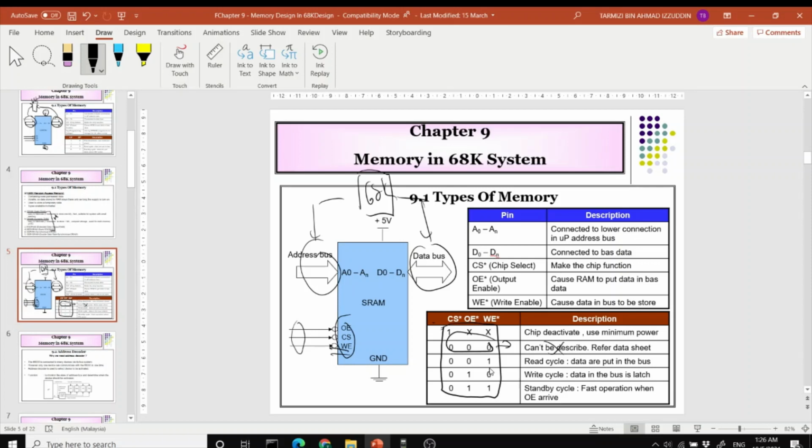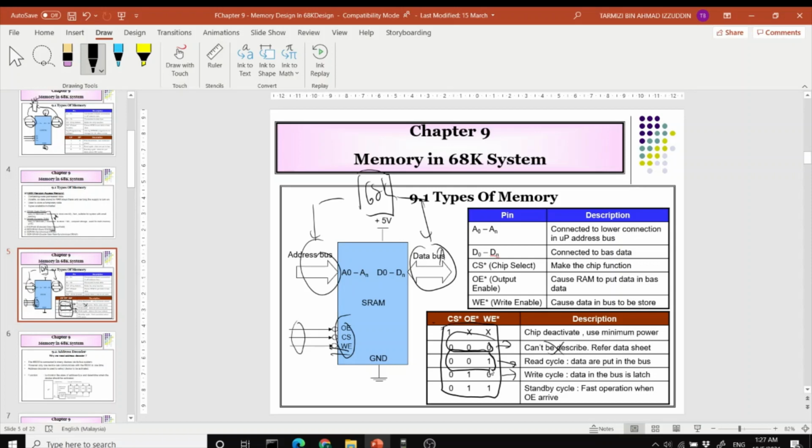You have to refer to the datasheet, but I can say that if it's in 001, you are putting the chip in a read cycle where the data is being put on the bus, and if it's in 010, you are putting the chip in a write cycle in which the data is in a latch, and at 011 you are putting the memory in a standby cycle.